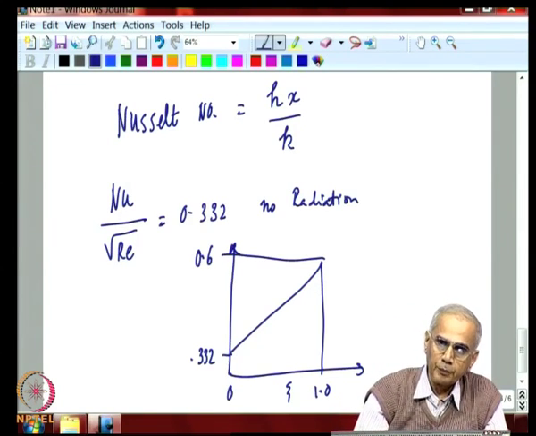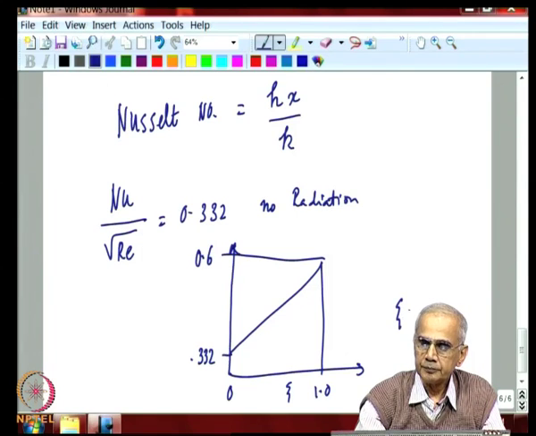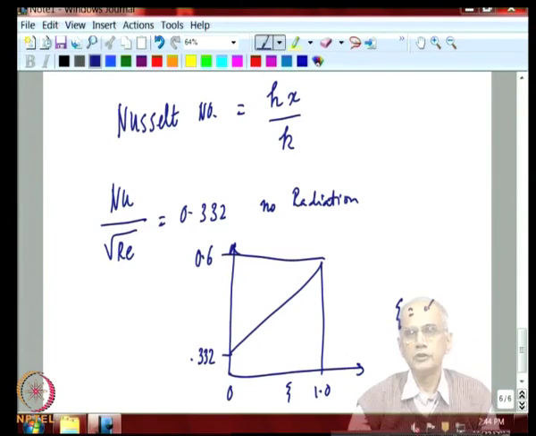In a given problem, if you want to decide whether you have to account for radiation, you should be able to estimate the value of psi for the given situation, and if the psi value is indeed of the order of 1, then you should realize that the Nusselt number or the heat transfer coefficient by convection can increase by almost a factor of 2 in the presence of radiation transfer.